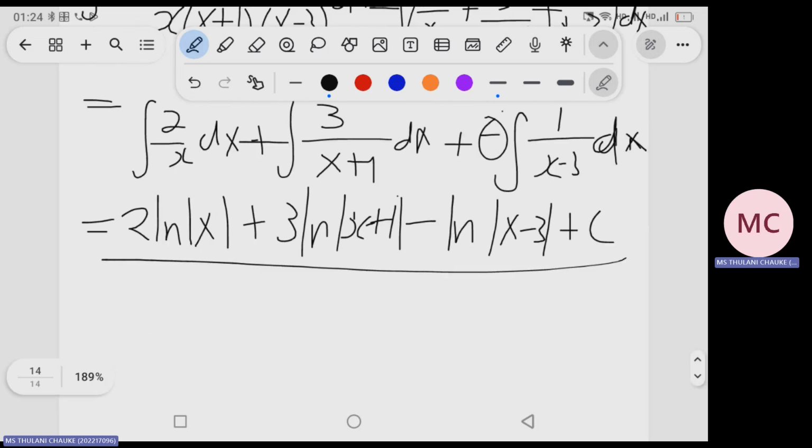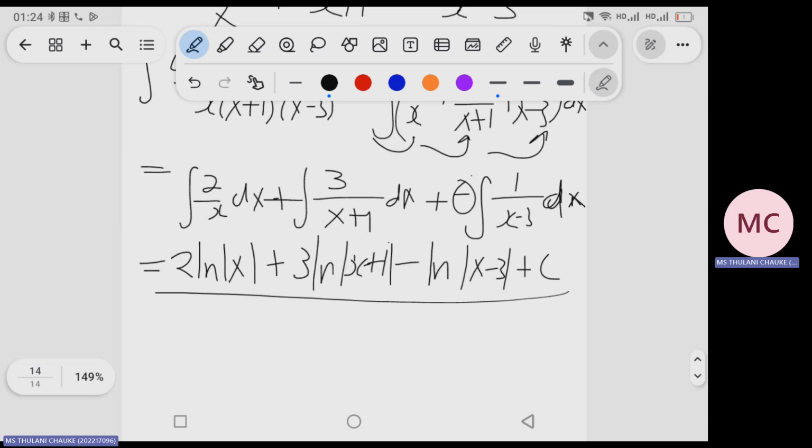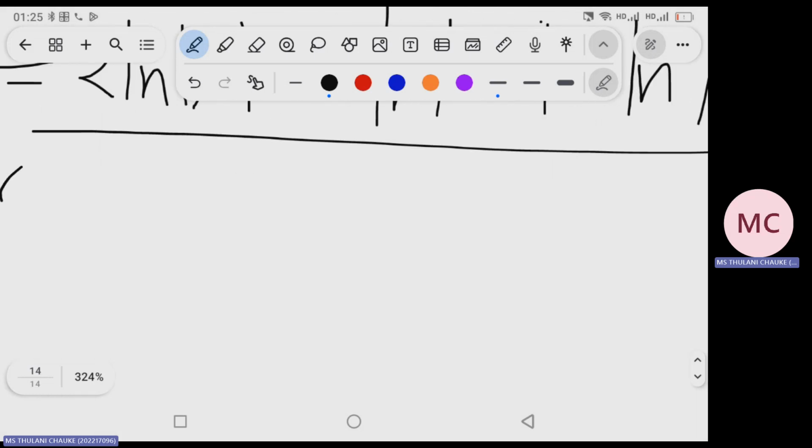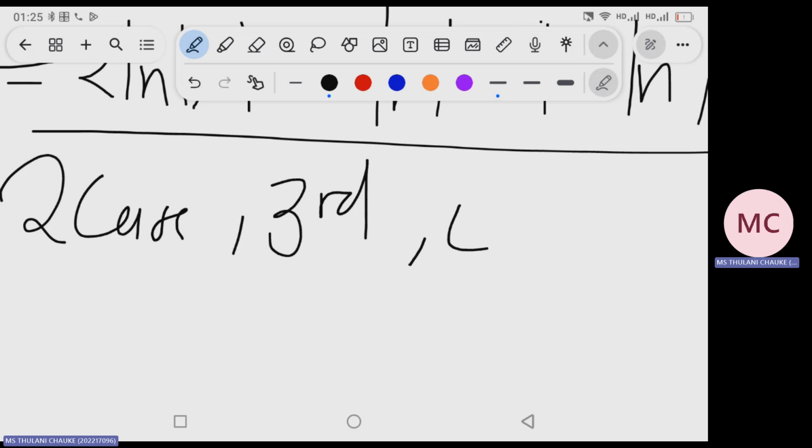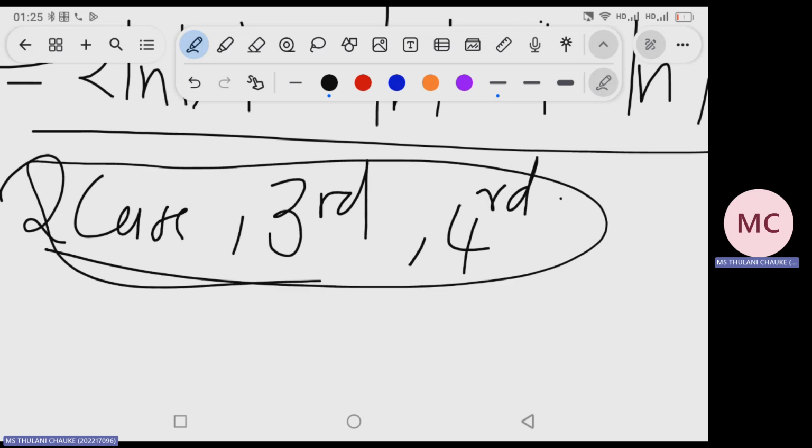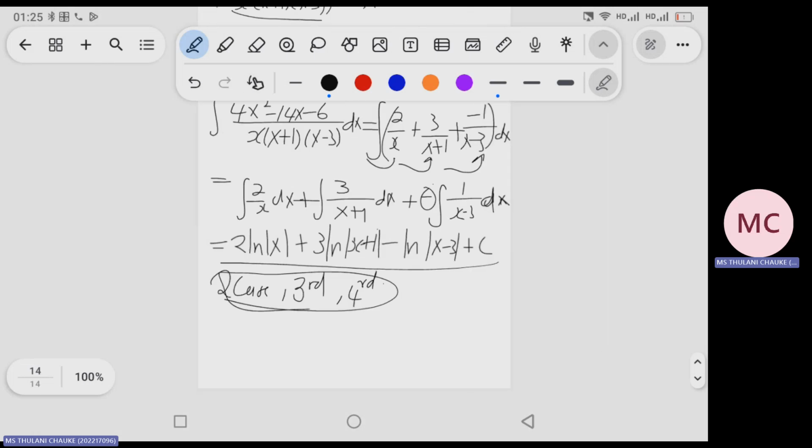So this will be your final answer. But this was the first case. So we'll do the second case, third case, and the fourth method. So we're left with 3 of them. We'll do them.